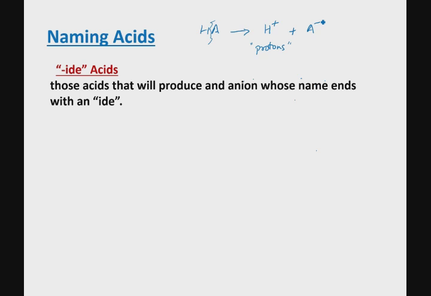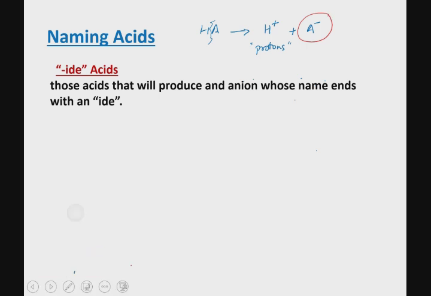Now, the acids are divided into three categories for naming purposes based on the name of the anion. That is why it is very important to know these, because we have to start working from that in order to name the acid.